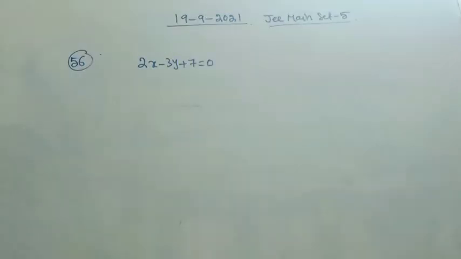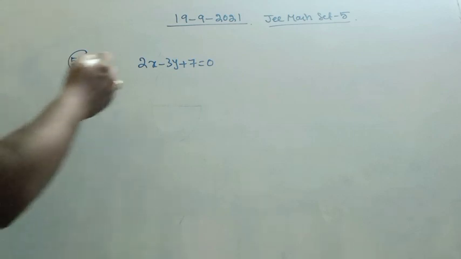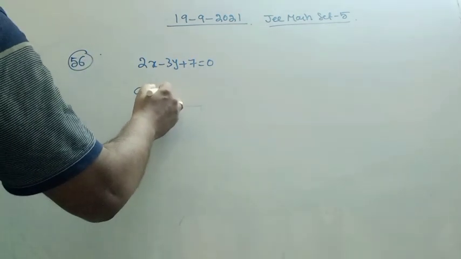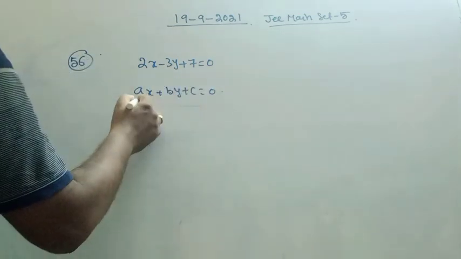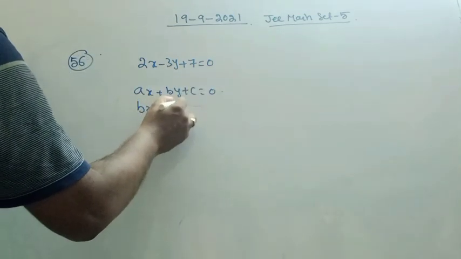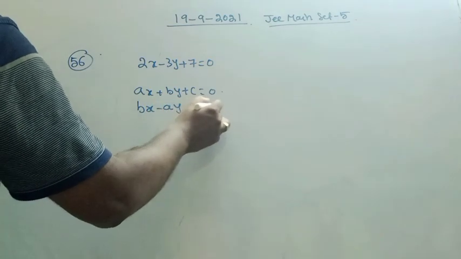See now the 56th question. If a straight line perpendicular to 2x minus 3y plus 7 equal to 0 forms a triangle with the coordinate axes whose area is 3 square units, then what are the equations of the lines? You see, my dear students, whenever you have ax plus by plus c equal to 0, the line perpendicular to this is nothing but bx minus ay plus k equal to 0.